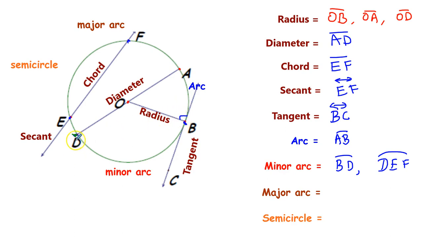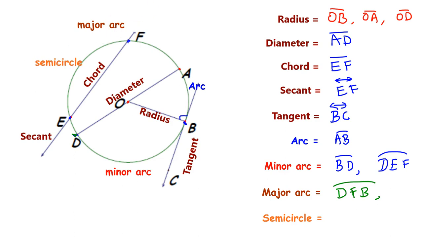So it is like D, F, B. DFB is a major arc. The same DFB, you can also call it DEB or DAB. Same thing it is, like we discussed earlier, right?